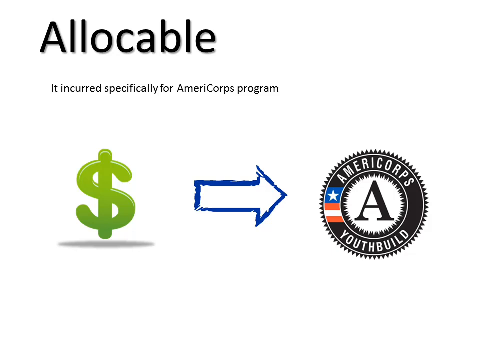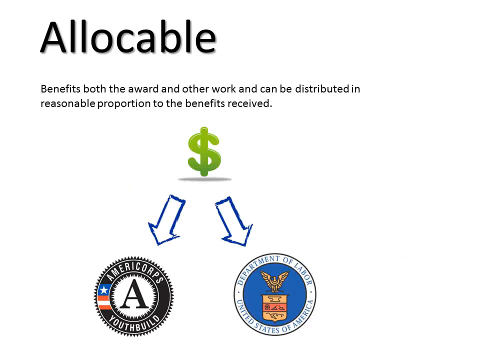So now let's look at allocable. If you purchase an item or get a match that benefits only AmeriCorps, then it has to be billed directly to AmeriCorps. However, if you receive a match that benefits not only AmeriCorps but other departments within your program, then it needs to be equitably allocated.